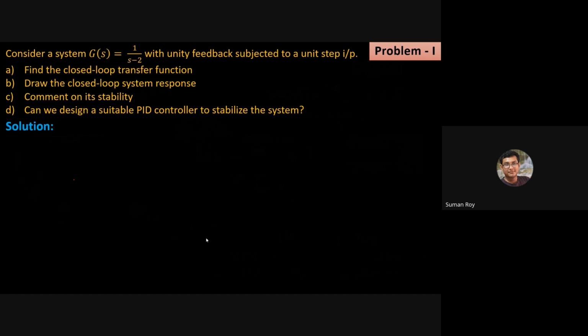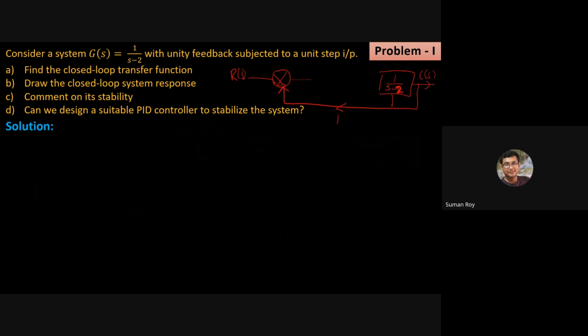Okay, so for example, please concentrate over here. Suppose this is your R(s), this is your comparator, then this is your system 1 by (s minus 2), right? And output C(s), and this feedback is given as 1.